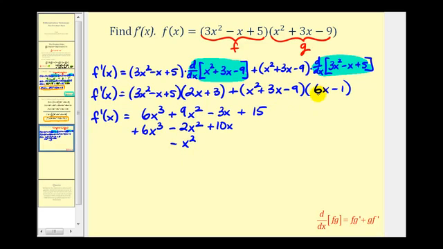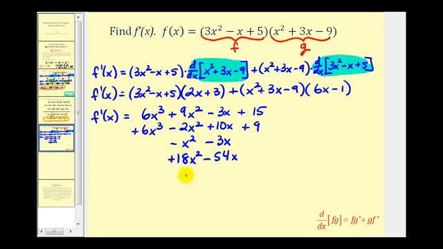Then we have 3x times 6x, that's plus 18x squared. 3x times negative 1, that's negative 3x or minus 3x. And then we have negative 9 times 6x, that's negative 54x or minus 54x. And then negative 9 times negative 1, that's plus 9.